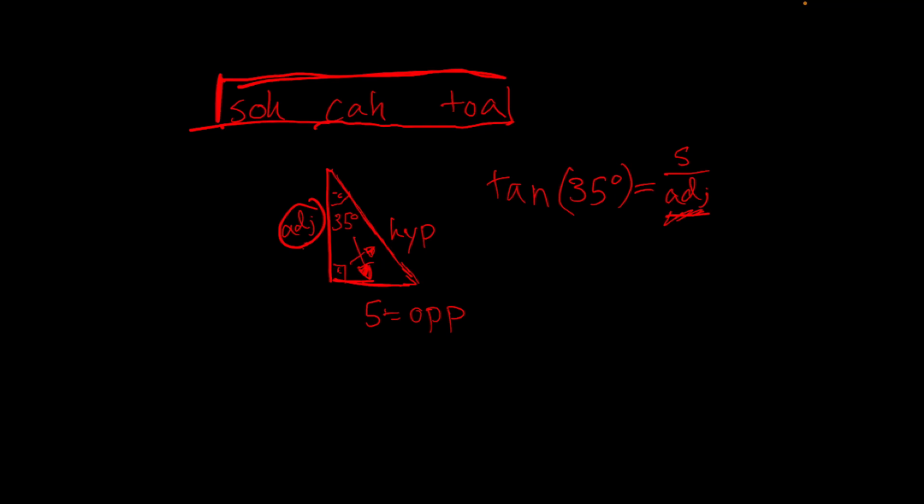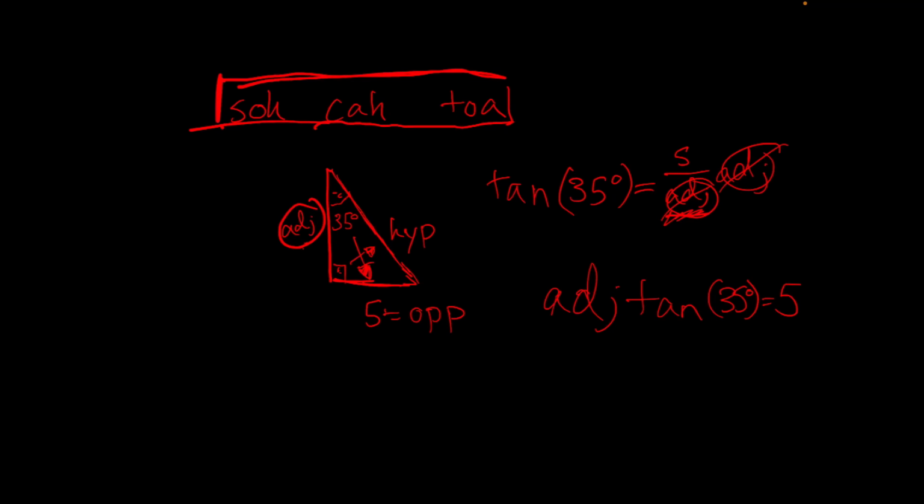So first things first, we can multiply both sides by the adjacent side. So this one and this one, they cancel each other out. And now we have the adjacent side times the tangent of 35 degrees equals 5.